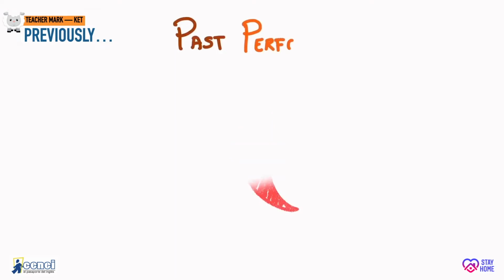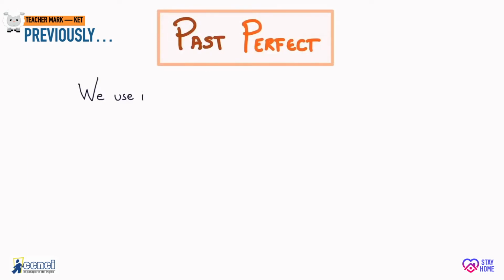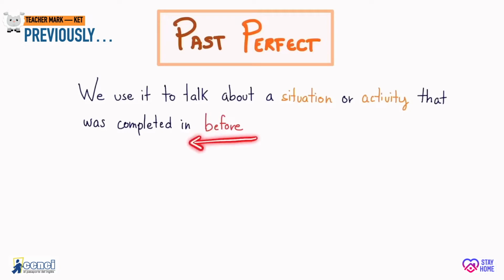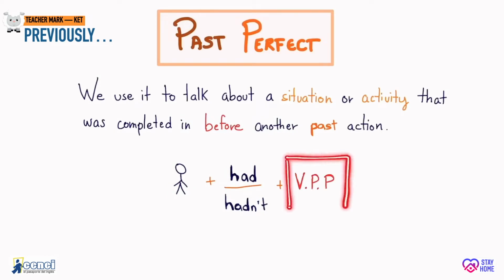So, previously, we were talking about a tense called past perfect. Yes, talking about the past of the past. Normally we use it to talk about a situation or activity that was completed before another past action. It is formed by a subject plus had, or hadn't in the negative, and very important, the verb in past participle.